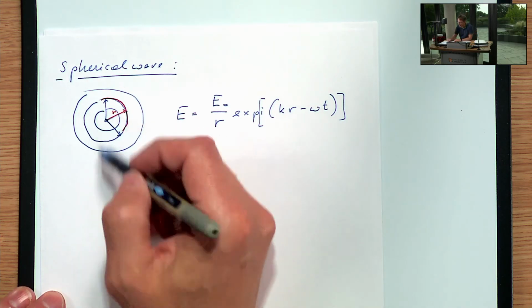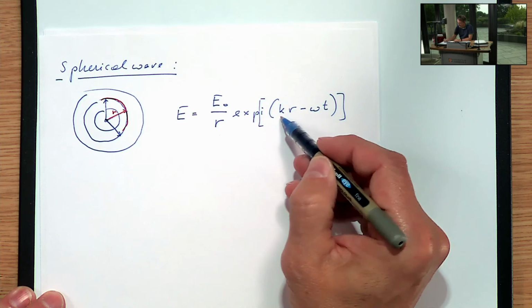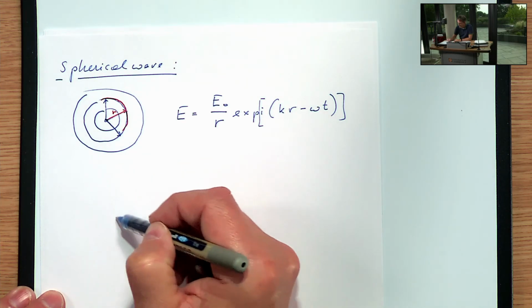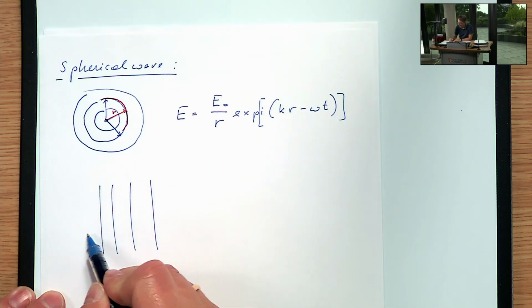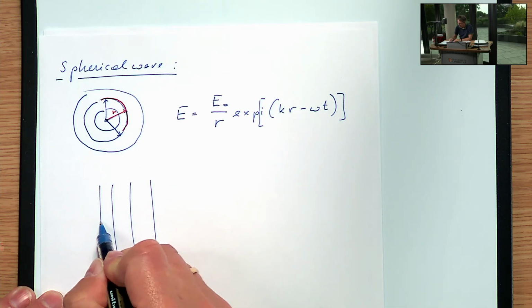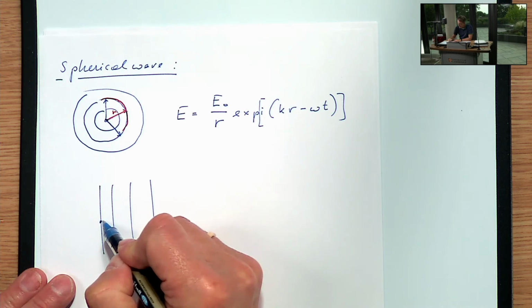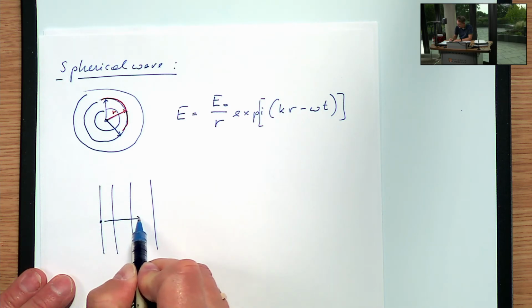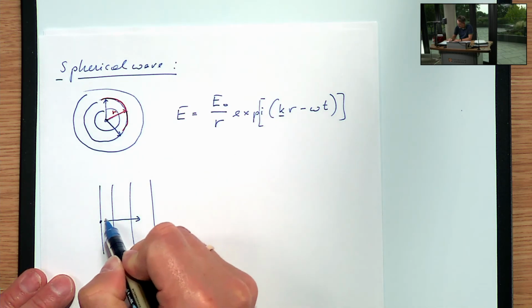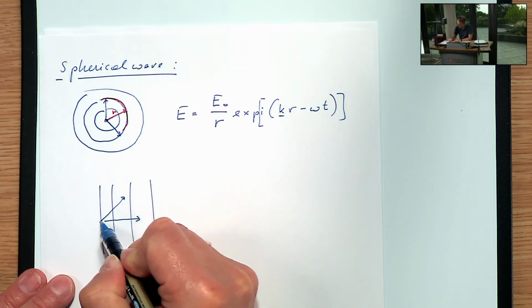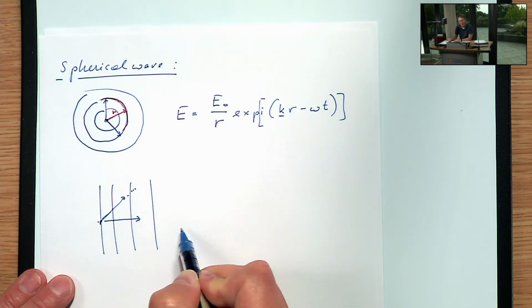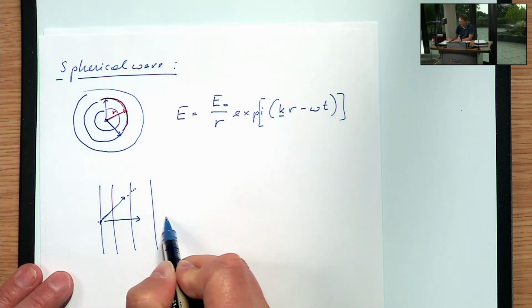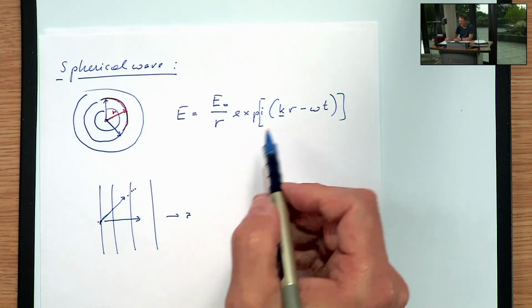I just wanted to bring this point home, why this dot product. If I have a plane wave and I take an origin like this, then of course it matters whether I go along in this direction with k or along this direction, because the phase is changing more slowly in this direction than it would change along z, if this is z, for example, as we looked at.